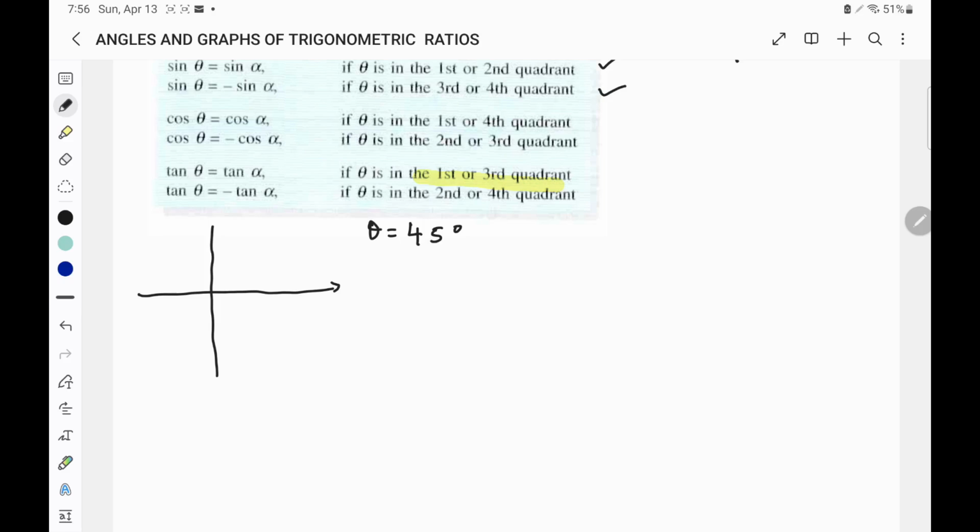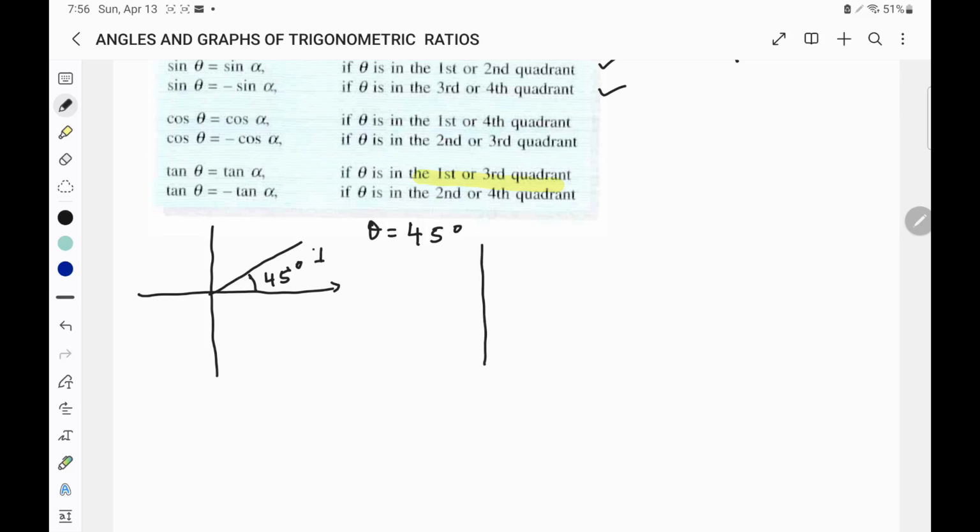First of all, theta is positive. If the angle is in the first quadrant, then the angle is 45 degrees. If the angle is in the second quadrant, sine is positive and the others are negative. I'll draw the diagram separately, then you will understand more.